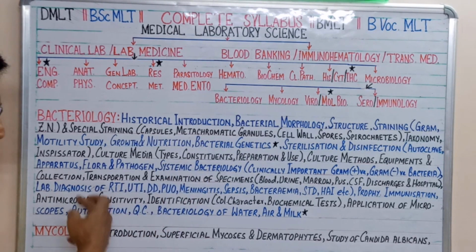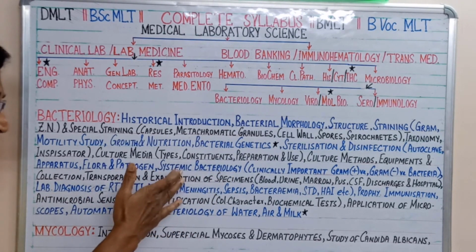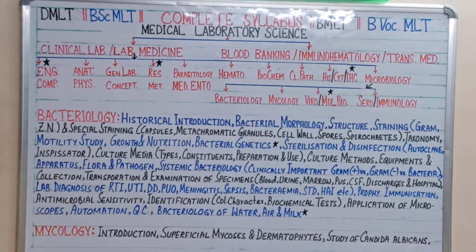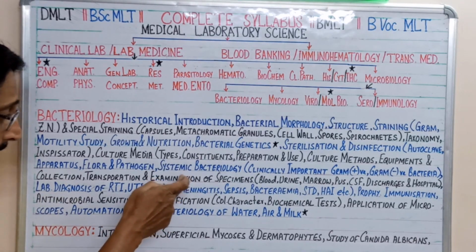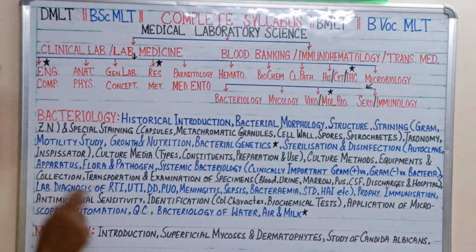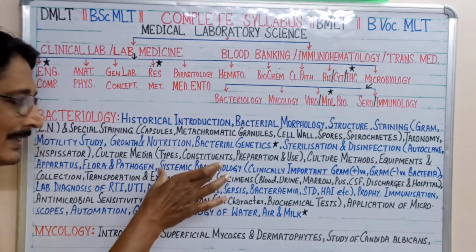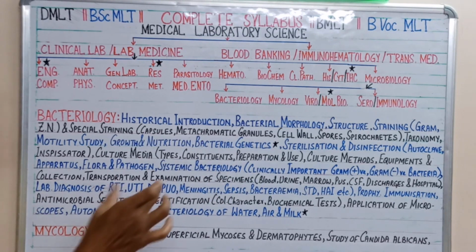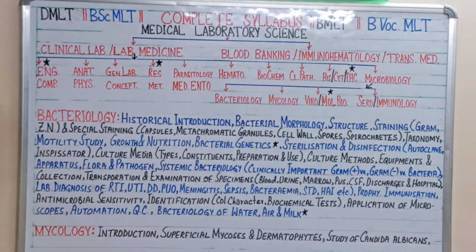All these are very interrelated, but after studying systemic bacteriology alone, you can't correlate it with anything. After studying lab diagnosis, then you will understand the significance of studying systemic bacteriology.